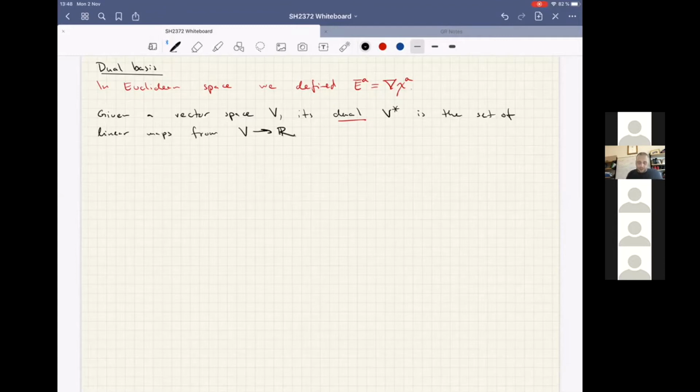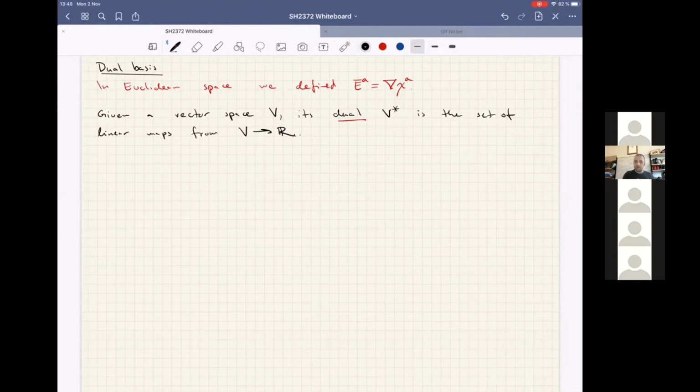So this means that if we have a vector in any vector space V, an element of its dual space, V star, is going to map any vector in V to a real number. And this is going to be true also for the tangent space.